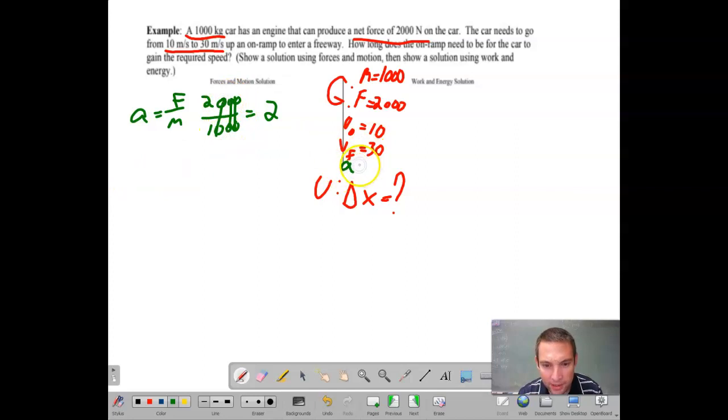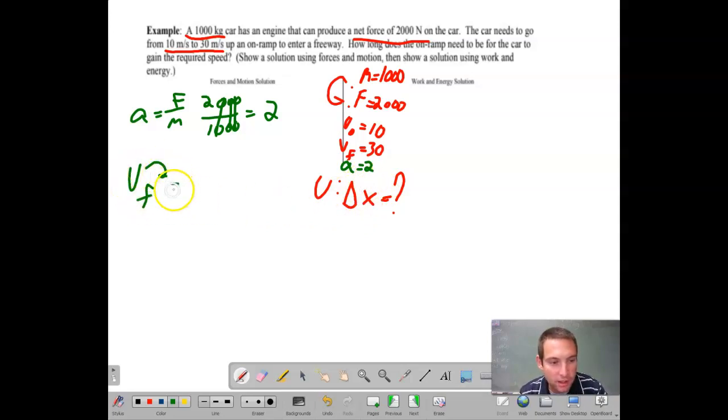So I'm going to add that into my given information, 2 meters per second squared. So now we have starting velocity, final velocity, and acceleration, which we're assuming to be constant, and the displacement. So no time. Let's use the no-time equation.